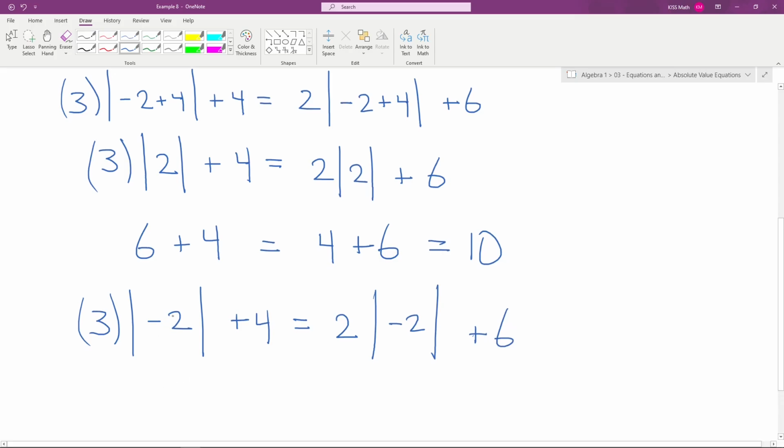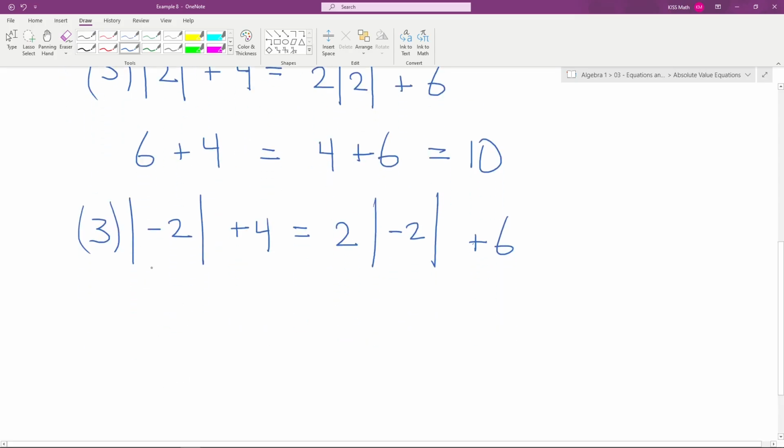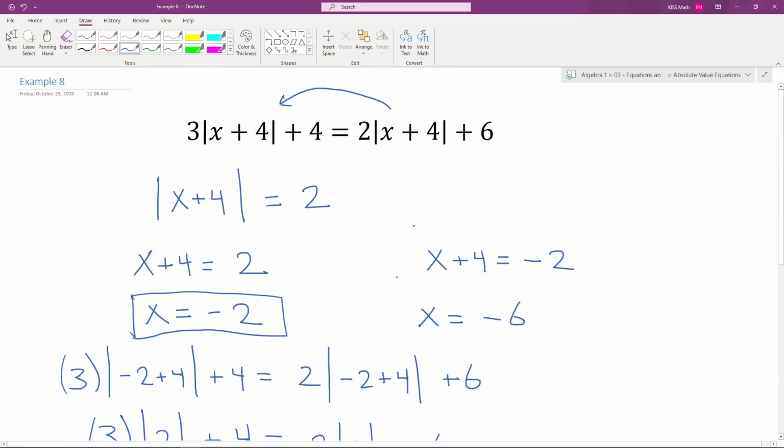Absolute value of negative 2 is just positive 2, so it's 3 times positive 2, 6 plus 4. Same thing over here, we'll have 2 times absolute value of negative 2, so that's positive 4, and again we get 10. So both of these answers, x equals negative 2 and x equals negative 6, are valid.